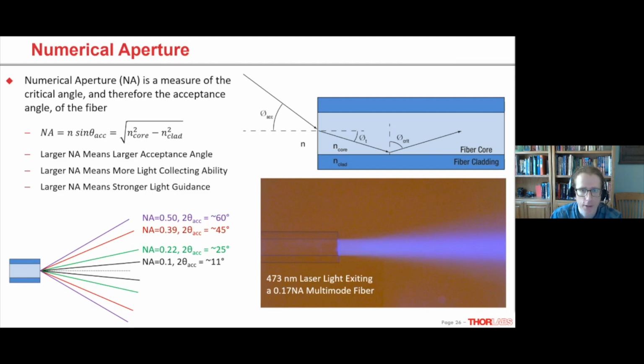And the index matching oil happens to scatter this blue light in the fiber. So this light is propagating through the fiber. You can't see it in the glass because it's not scattered by the glass. That's on purpose, the fiber design. Once it leaves the fiber, you can really visualize that cone of light exiting the fiber because it's scattering off of the oil that we have the fiber immersed in under our microscope.